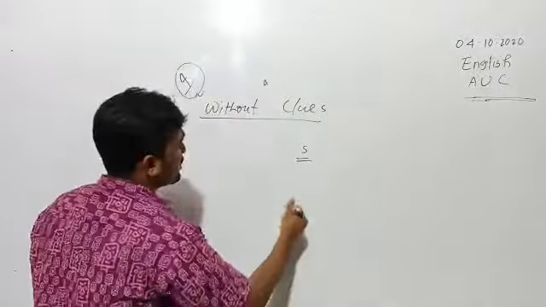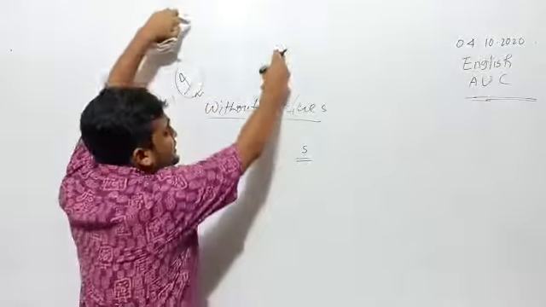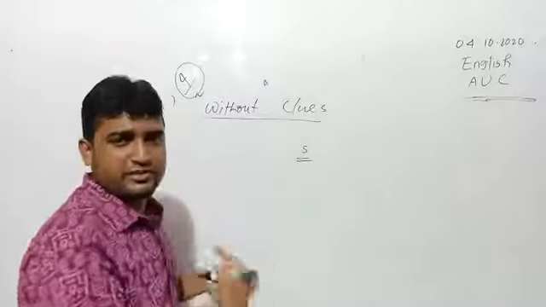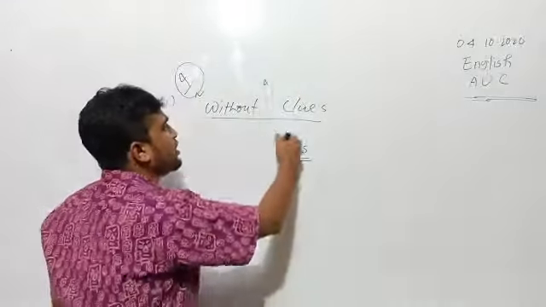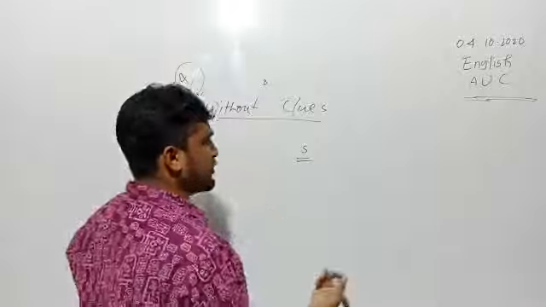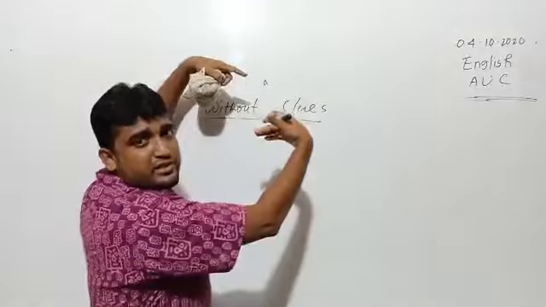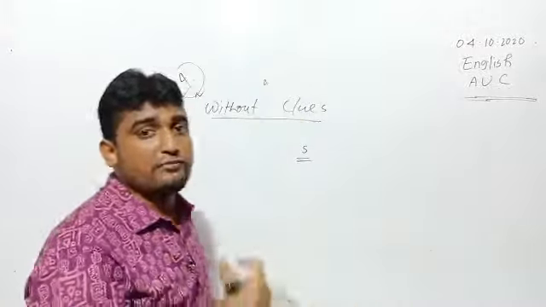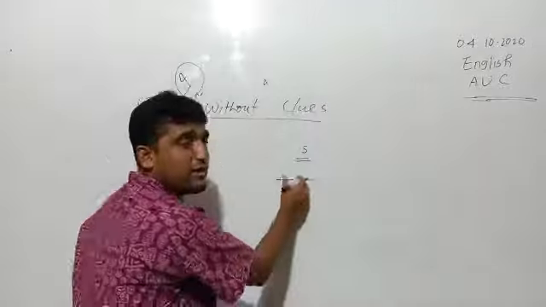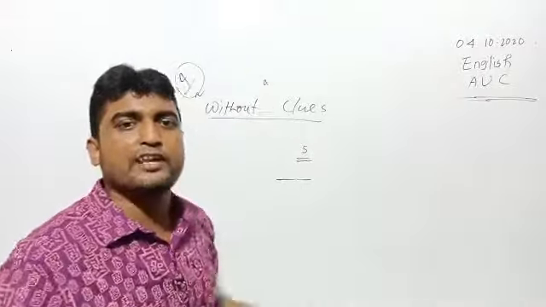Why? Because to answer with clues, by the help of the given information, you will have to change the formation of the given word inside the box. And if you find the rules of adjective, then you will have to change the adjective formation here, and if you find the box word is a noun, then you will also have to apply the rule of noun to correct this given passage.